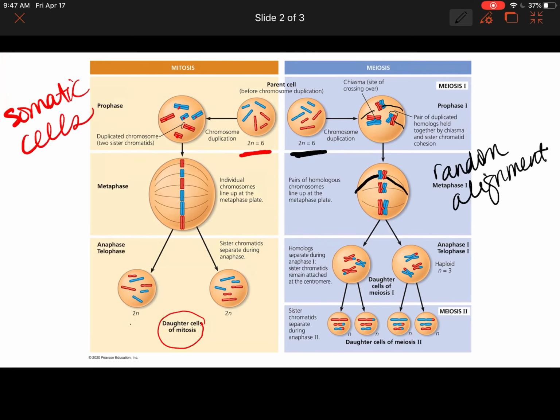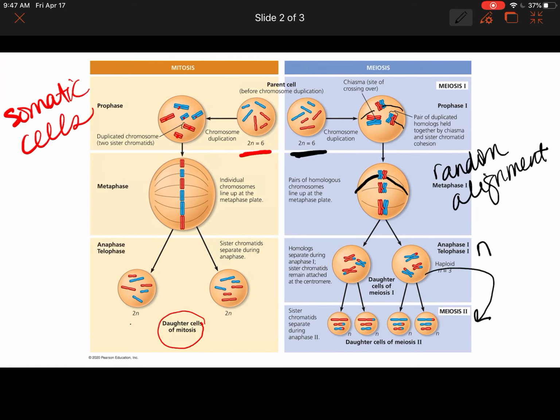The nuclei begin to reform, and then cytokinesis typically happens. So at the end of meiosis 1, we have haploid cells, and we have 2 of them, 2 haploid daughter cells. But each chromosome in each daughter cell is still a pair of sister chromatids.